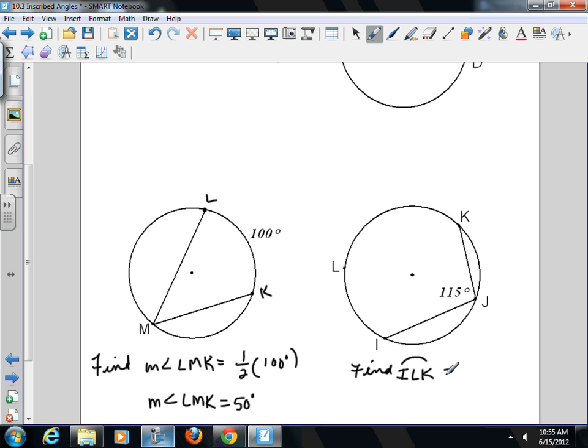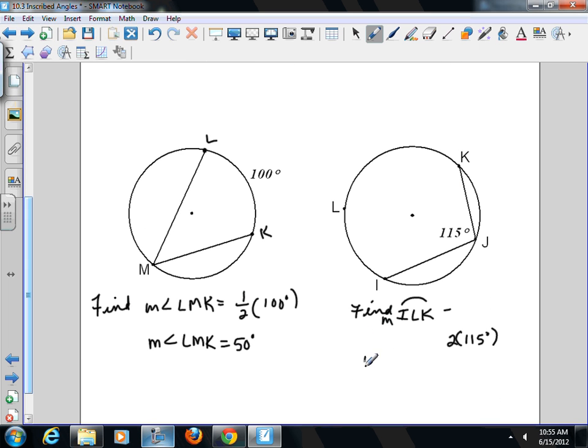So if I took twice the measure, I should have put an M here for measure, of that angle KJI, if I took 2 times 115 degrees, that should give me the measure of that arc ILK. I'm kind of writing at a slant here. I'm sorry about that. So we would have that the measure of arc ILK, the major arc, would be 230 degrees.